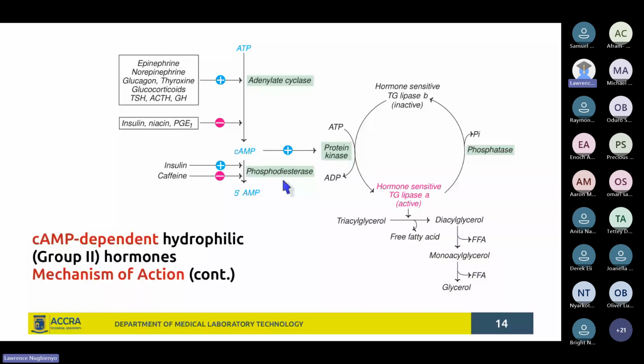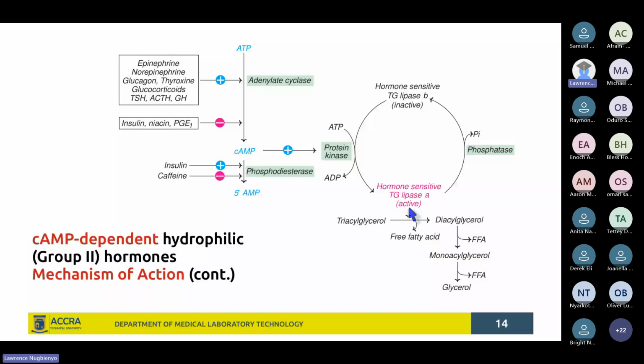It's a protein which is responsible for the conversion of triacylglycerol lipase in its inactive form into its active form. What we saw as phosphorylation, a protein phosphorylated to a phosphoprotein. That's what a protein kinase is doing to this triacylglycerol lipase B as an inactive form to triacylglycerol lipase A, that is the active form of the triacylglycerol lipase.